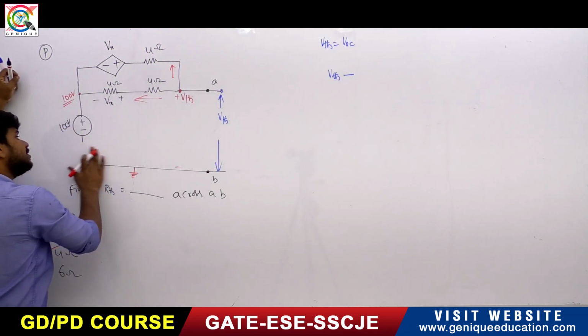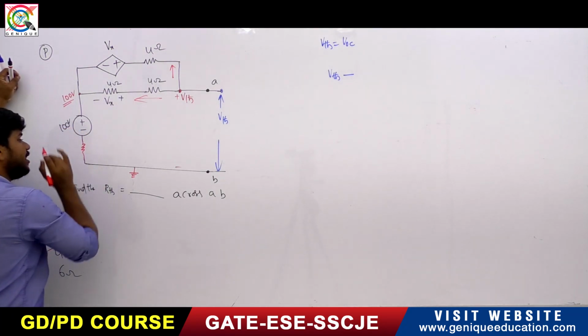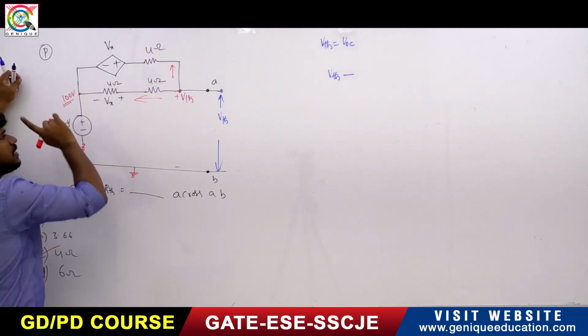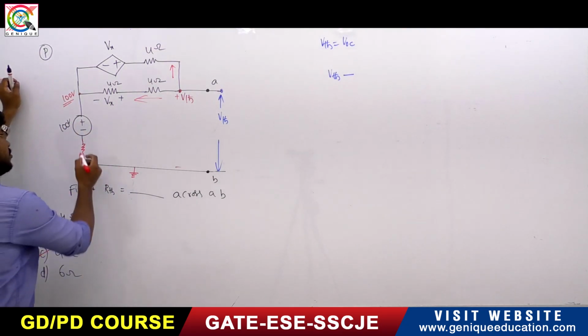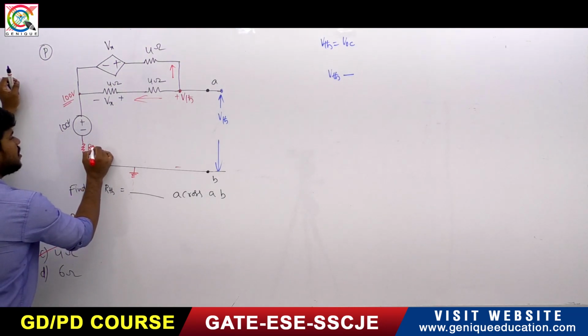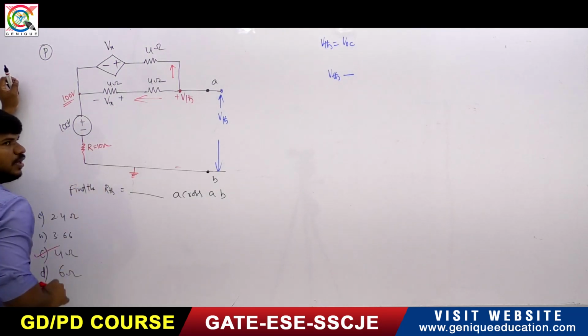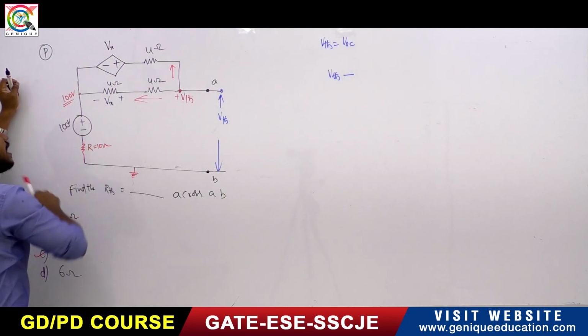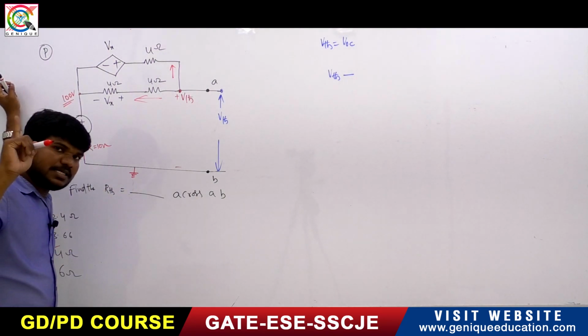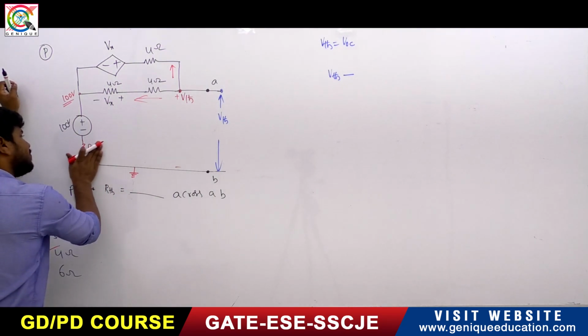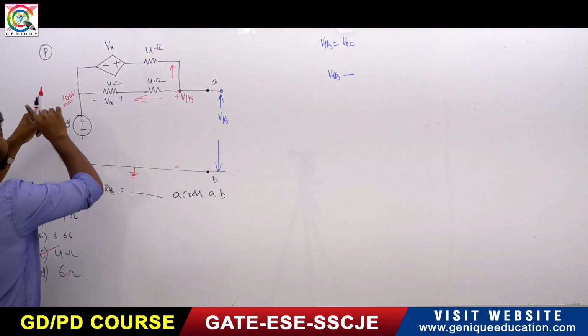Suppose there exists any resistance here, you cannot take this as 100 volts. That is a very, very big mistake. Suppose 10 ohms is there, you cannot take this as 100. Please be careful.